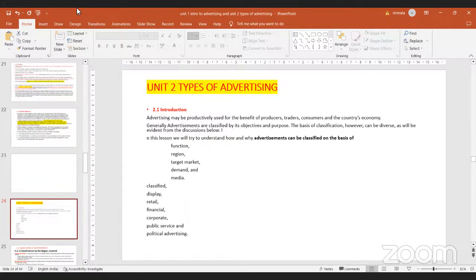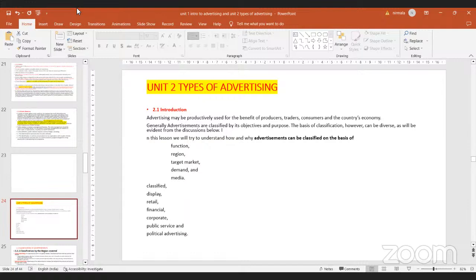So here, whatever the classification, there are different kinds of methods also incorporated in a single ad, but based on the function, the region, the target market, the demand, the media, whether it is display or classified, retail advertising, financial advertising, corporate, public service advertising, and political advertising.